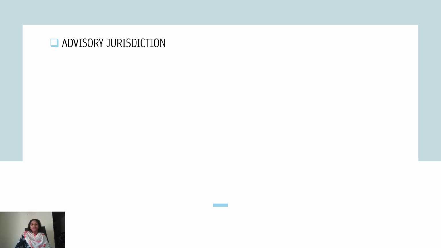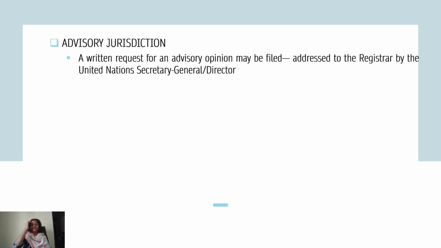Another kind of jurisdiction that the court has is its advisory jurisdiction. And as we discussed, that advisory jurisdiction is seeking an advice of the court by any of the United Nations agencies.